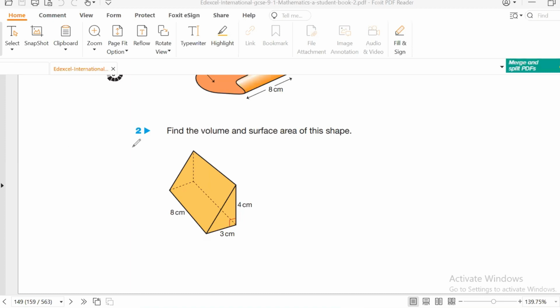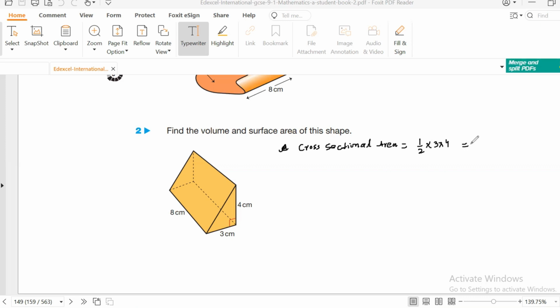We move on to the second question. We have to find both the volume and surface area for this 3D shape. It's again a prism. First we will find the front part area, which is a right angle triangle. The cross-sectional area is equal to 1 over 2 base into height. Base is 3 and height is 4.